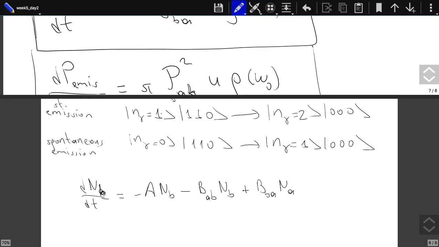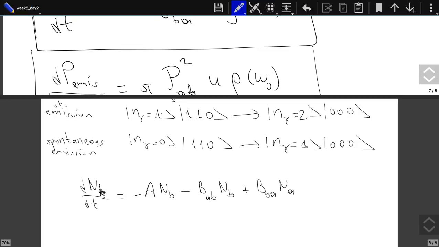So I'm imagining I have this equilibrium system. Let's say, to start with, let's assume that we don't have an equilibrium system. Any system. I have a system of atoms in the B state, which is the excited state. Their number will change due to the three phenomena, two that we have discussed, and the third one that we want to study now.